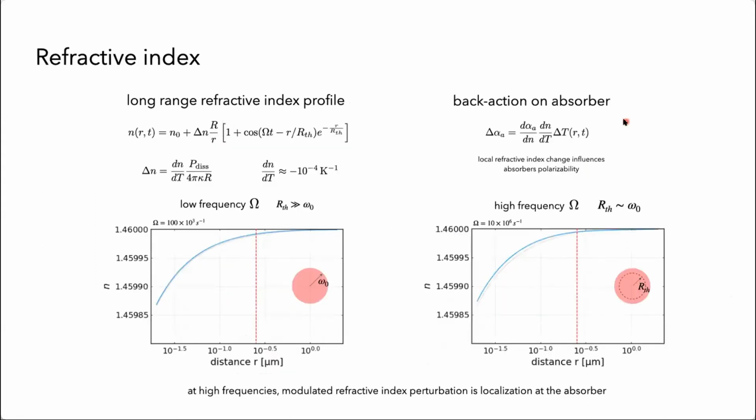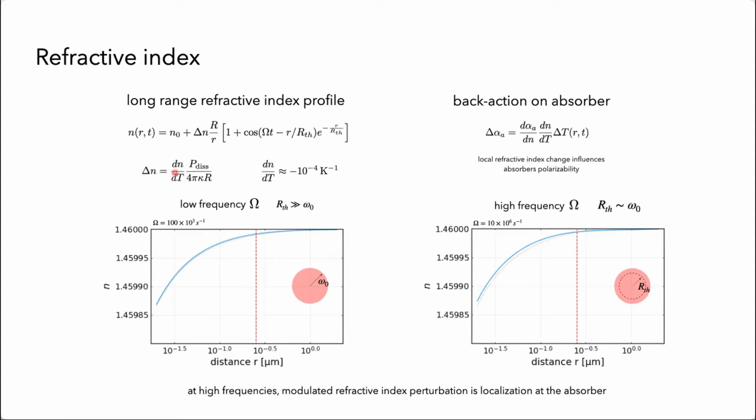And that overall translates into the refractive index change, which is given by the refractive index of the environment times the refractive index modulation contrast you have here, this time-dependent factor, and of course the inverse distance dependence. That contrast is proportional to the thermo-optic coefficient.